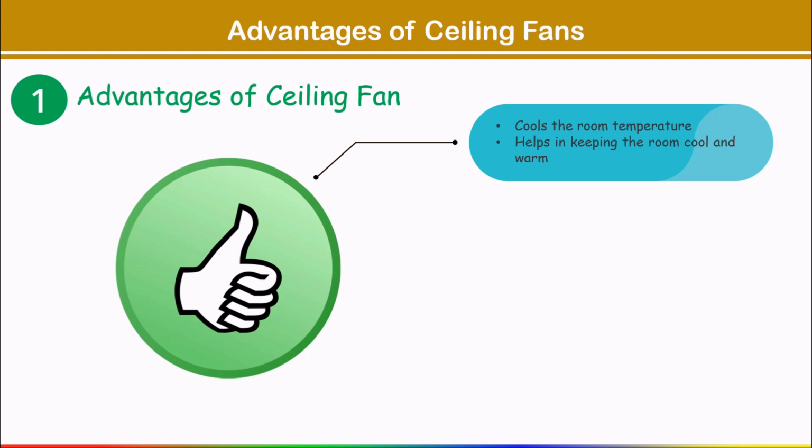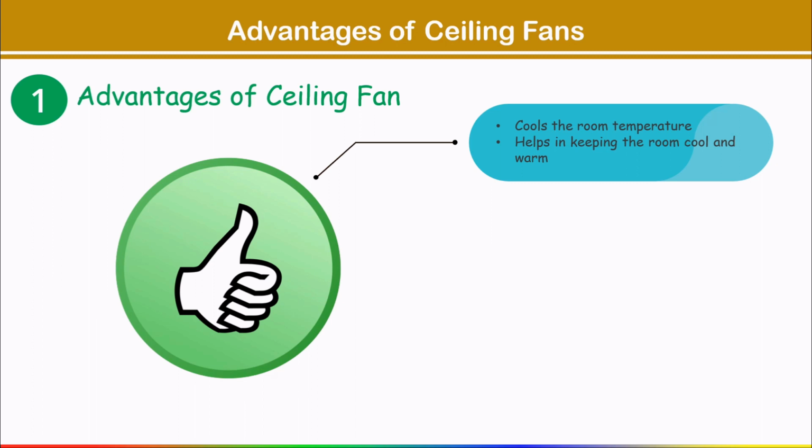Even if you keep the windows open, whether the room is small or large, whether you have an air conditioner in the room or not, you will still be able to keep the room cool. This is one of the best things about a ceiling fan.